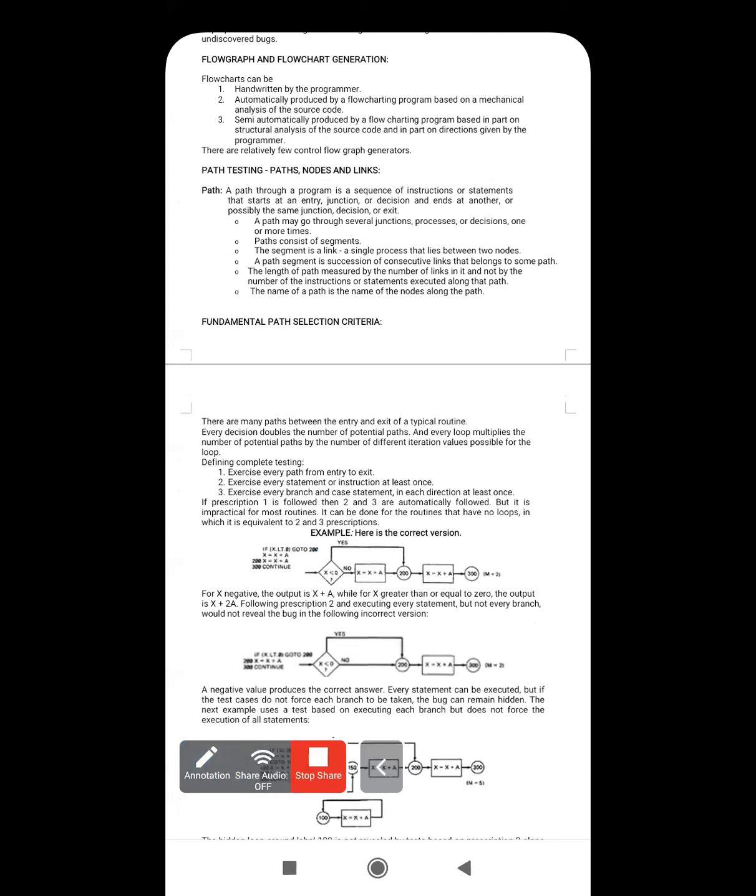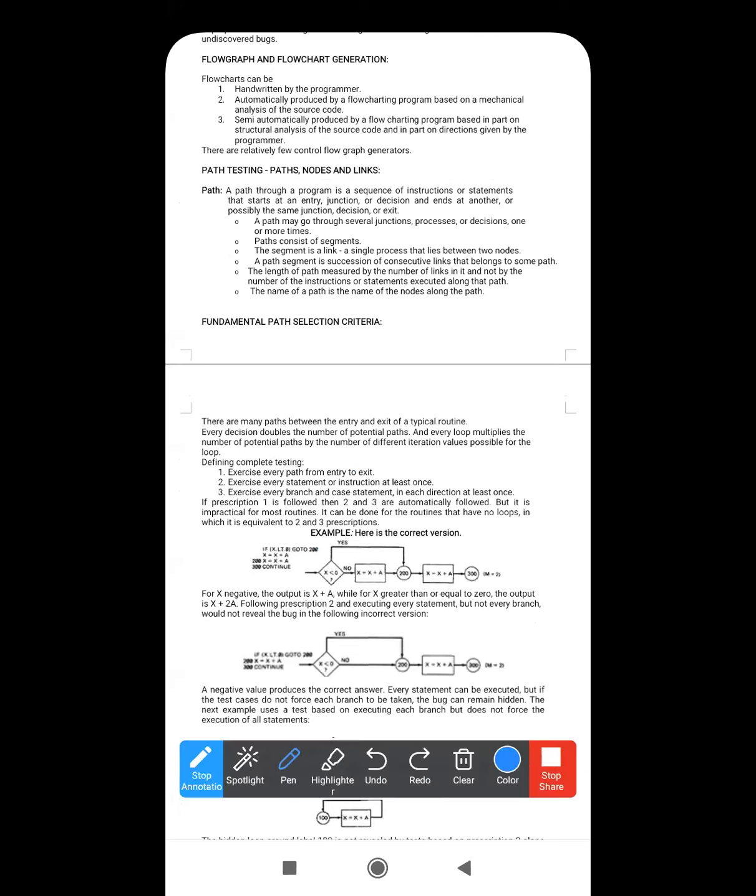Okay, this is an important topic here. These are the two: flow graph and flow chart generation. A flow chart can be handwritten by the programmer. We know that. Flow chart, flow graph or algorithm, those all come under the theoretical representation, easily understandable by the clients.